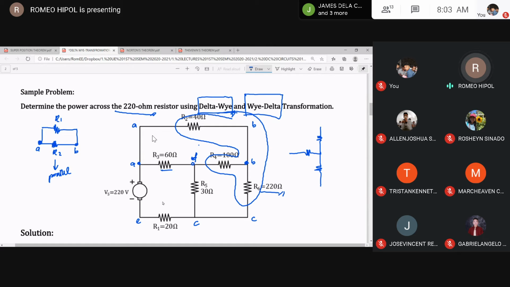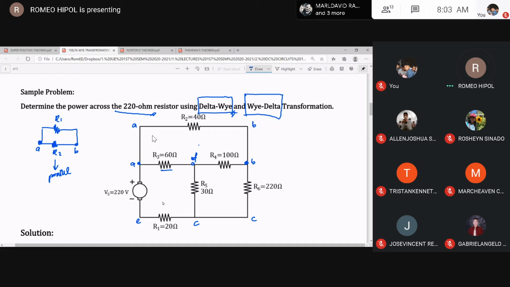So, hindi natin pwedeng i-apply yung Y to delta transformation at this connection. Next is ito. We have another option. Y connection din.